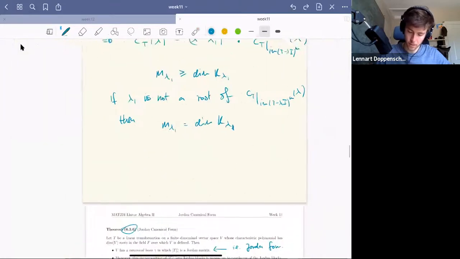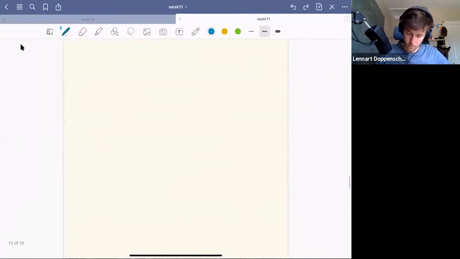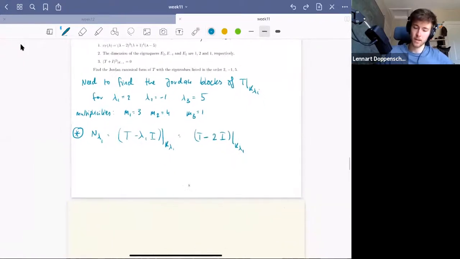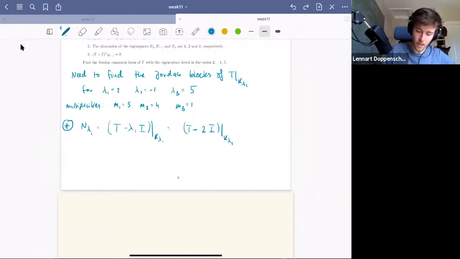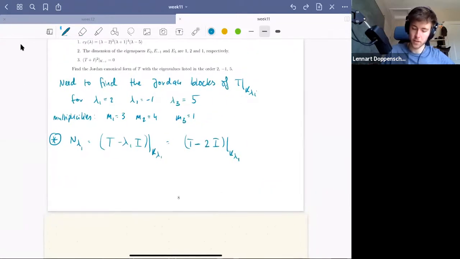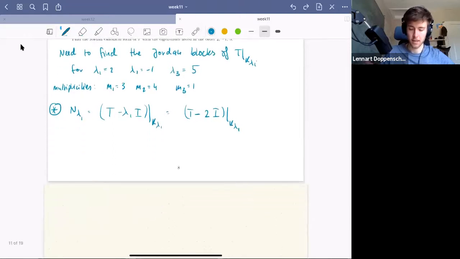Okay, so now it's clear that the Jordan block of T restricted to K lambda 1 is given by the nilpotent form of N lambda 1. I never know if I should add more details.